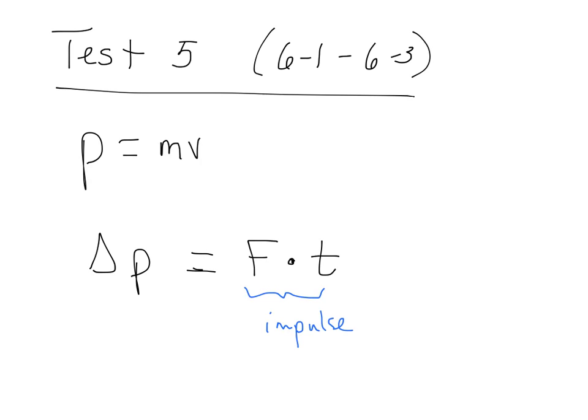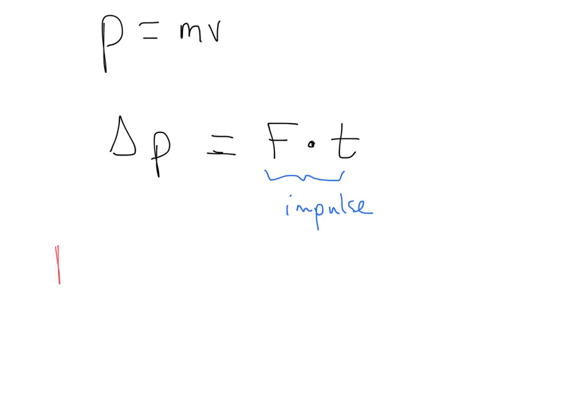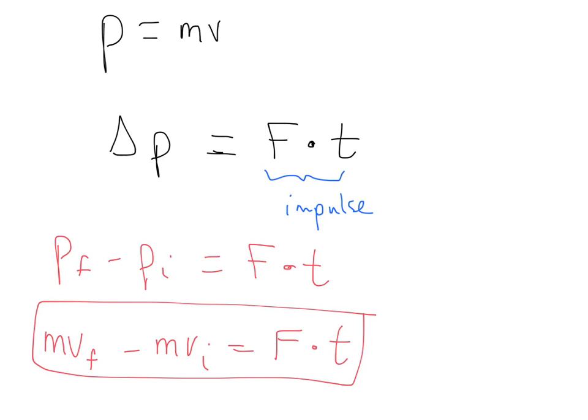In that case, you're solving for F, and you know the time of contact T. You can find the change in momentum, remembering that delta P is momentum after minus momentum before. So PF minus PI equals FT, where PF is MVF and PI is MVI. This, in the end, is the formula you're going to use, the boxed one. The given one is two lines above that.